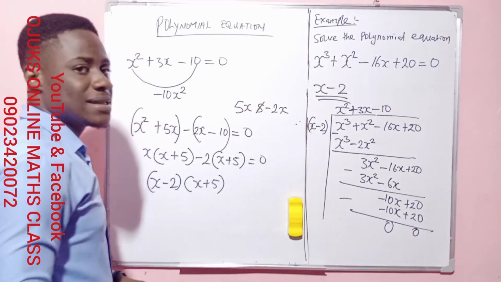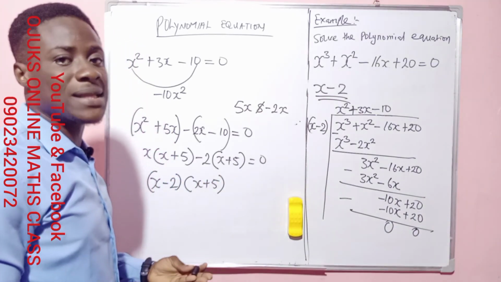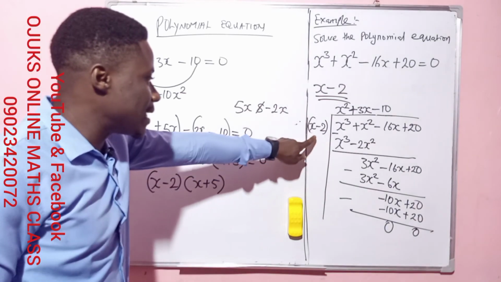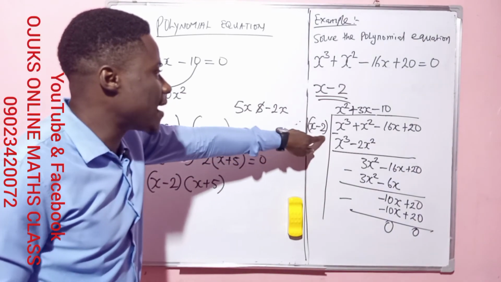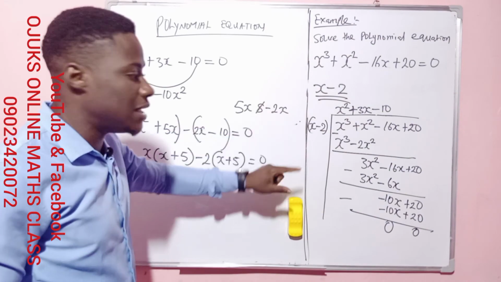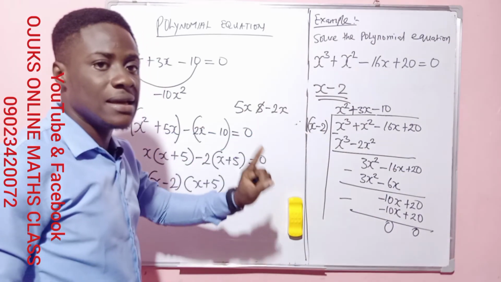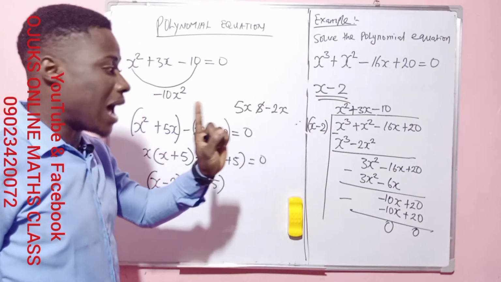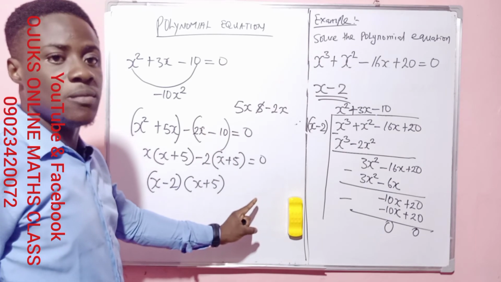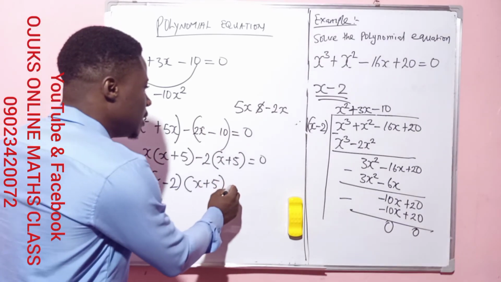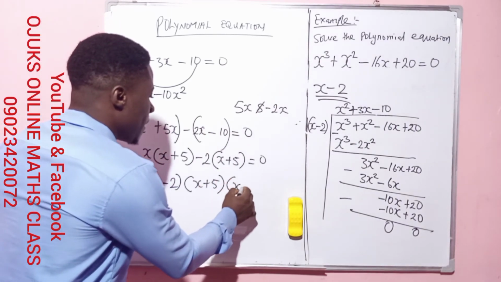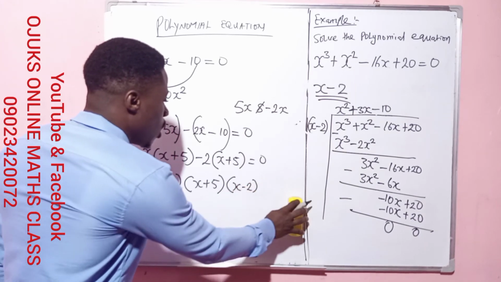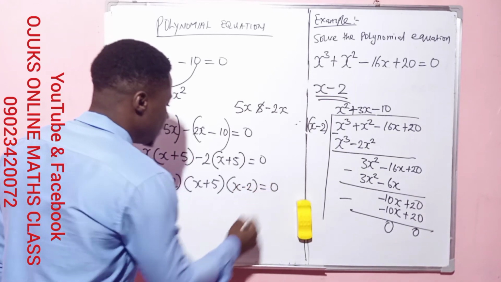Then, since this is a polynomial equation, we are expecting 3 results. Like I said earlier, this first factor, that is from our x minus c, becomes another factor of this polynomial equation. So we are going to include it as x minus 2, all equals 0.